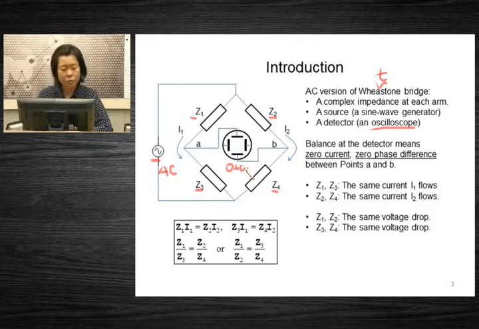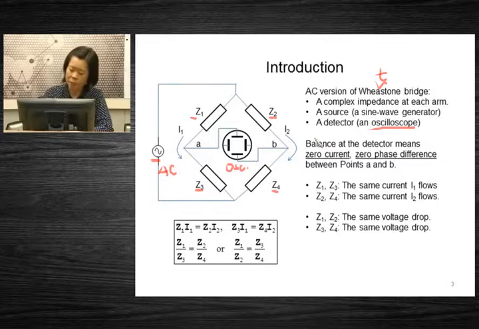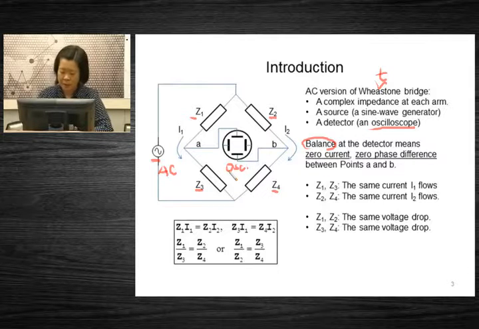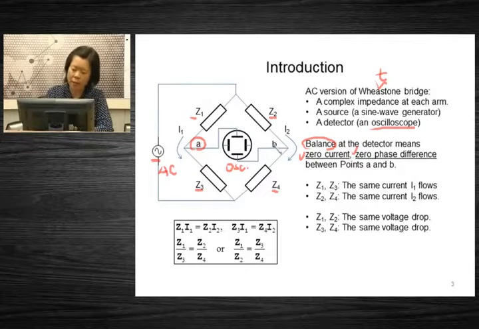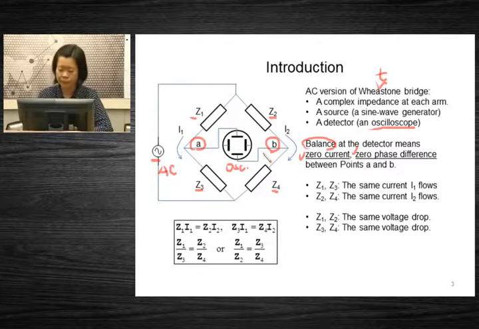Now, as usual, we have to find balance at the detector or the oscilloscope. That means when you watch the oscilloscope, you find zero current and zero phase difference between points A and B. Now, what will happen to the circuit?